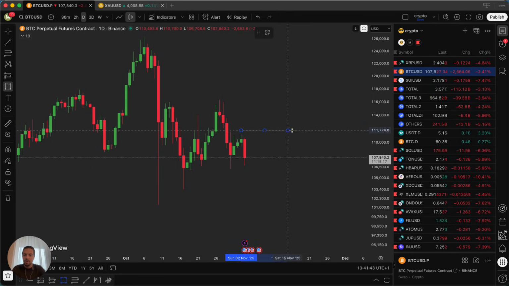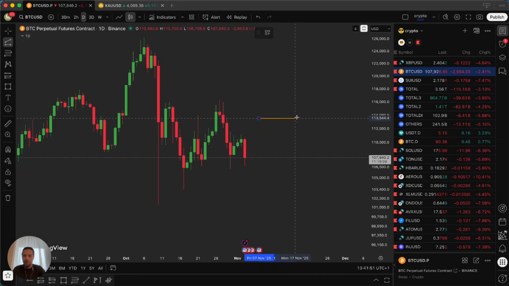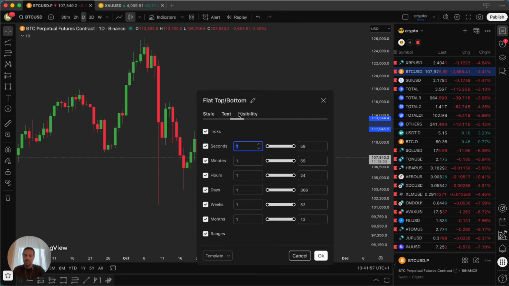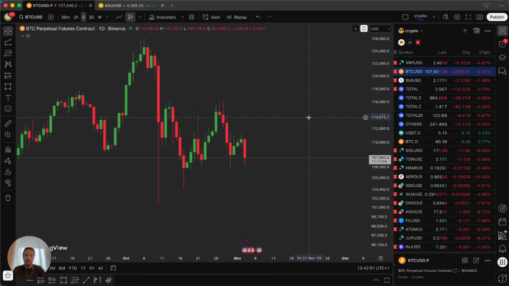This could be a simple rectangle tool, right? Like a rectangle. This could also be this one, right? Like that. So we have top and bottom, as you can see. But the best one, in my opinion, is just a simple rectangle tool.